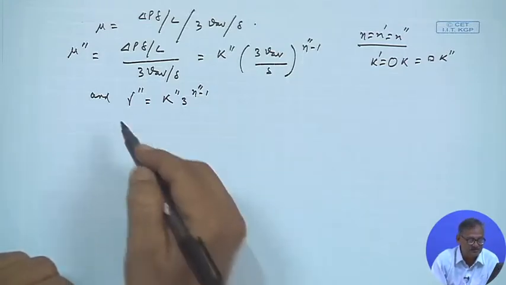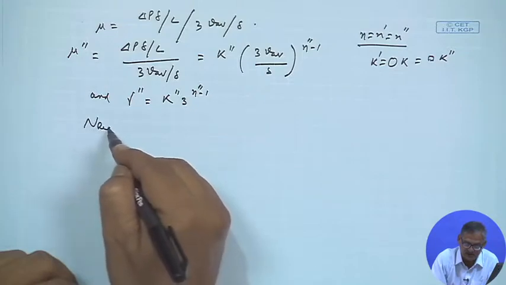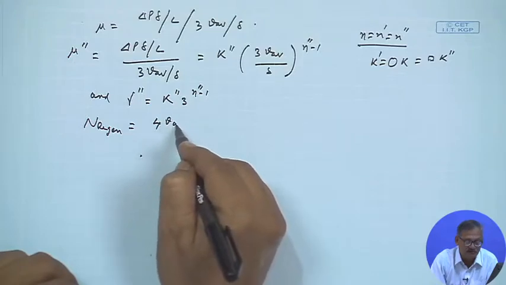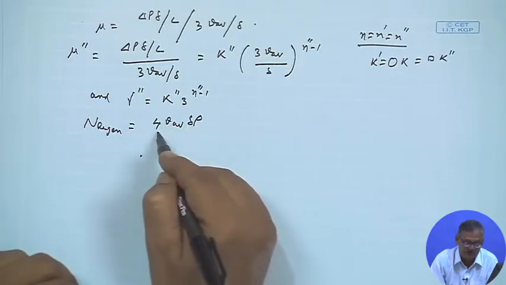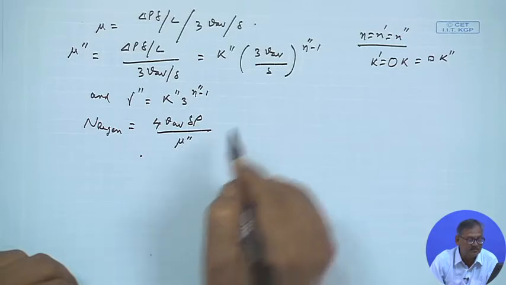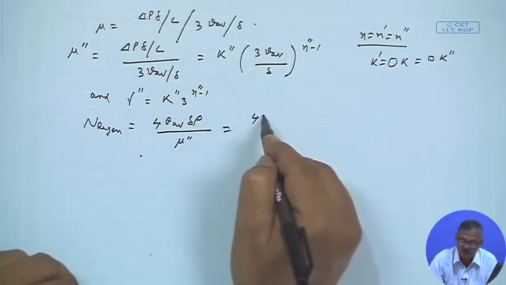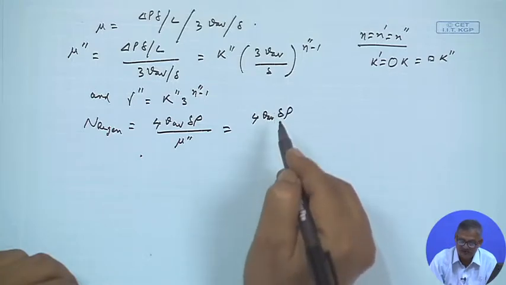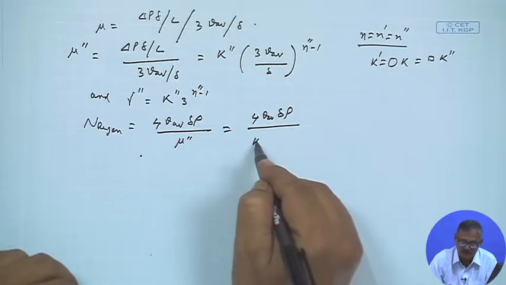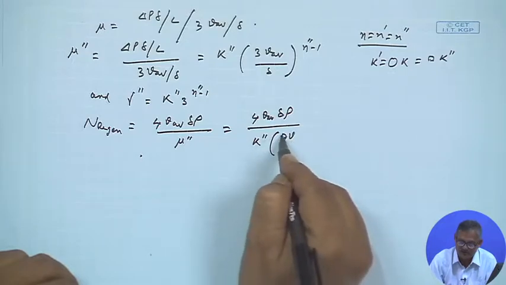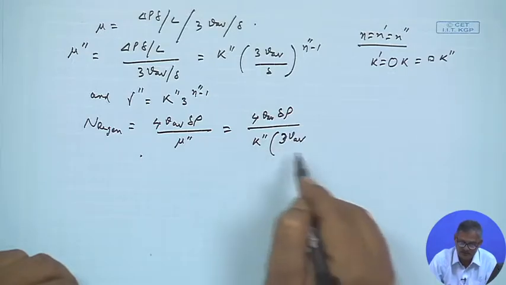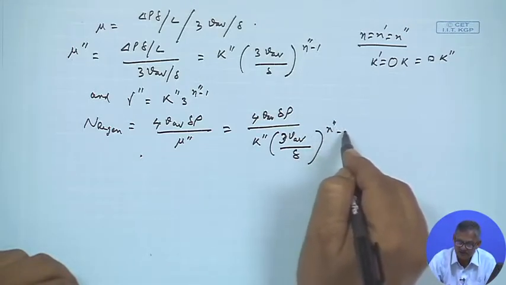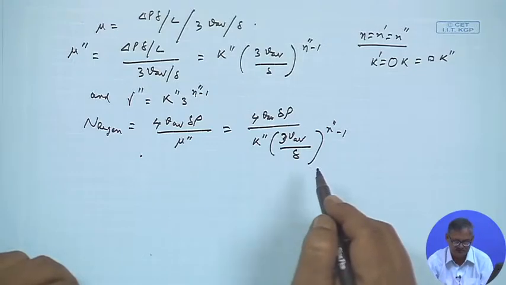So if gamma is so much, then NRE general we can write to be 4 V average del rho divided by mu double prime, which is 4 V average into del rho divided by k double prime (3 V average by del) whole to the power n double prime minus 1.